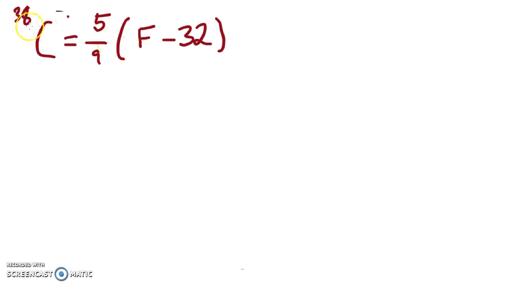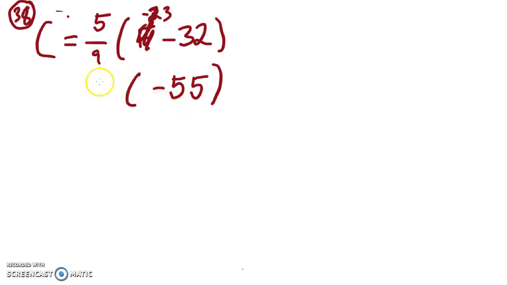It says that F in 38 is actually negative 23 degrees. So let's subtract 32 degrees from negative 23 degrees, okay? And that should get us negative 55 degrees. Super cold, I've never been that cold.